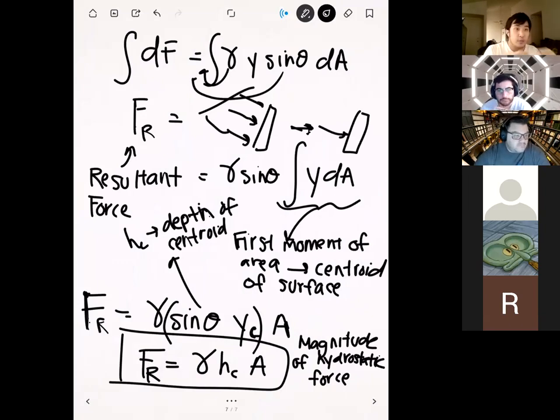So you take your surface, find the centroid, find what vertical depth it's at within the fluid, and then multiply by the surface area. That gives you the magnitude of the resultant force on that surface.